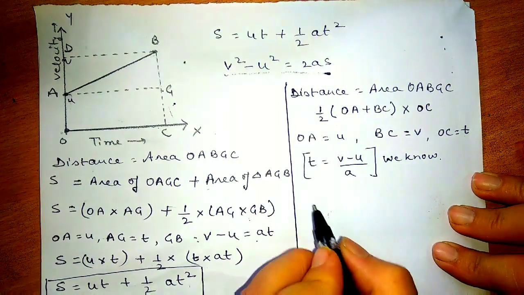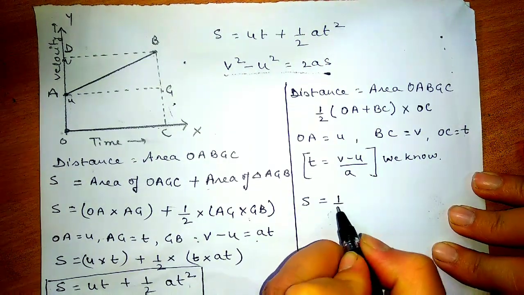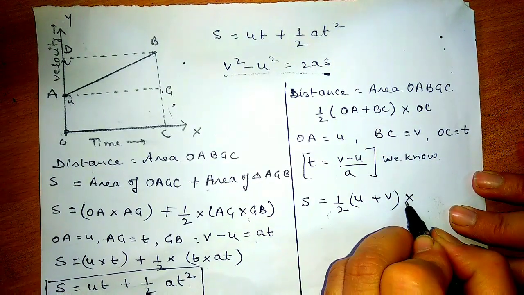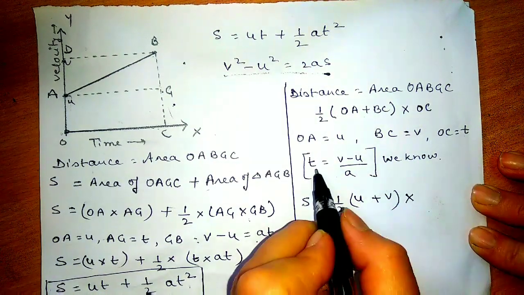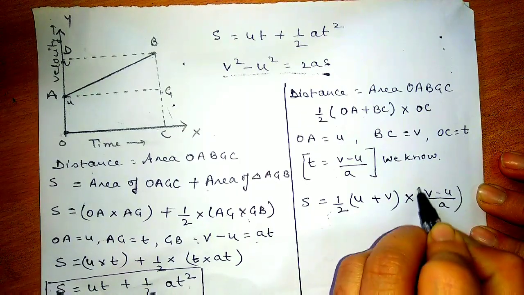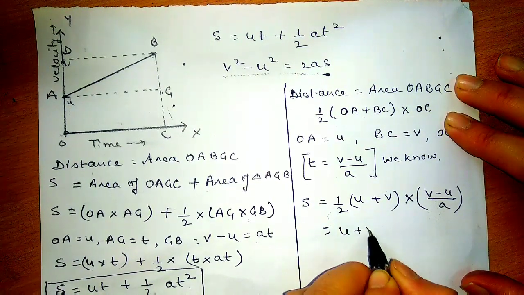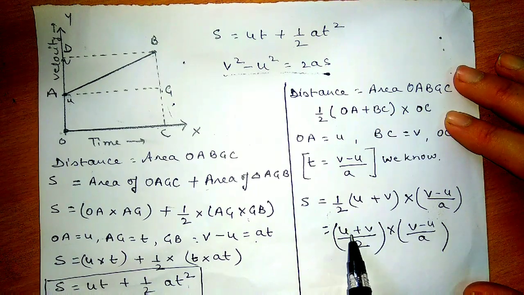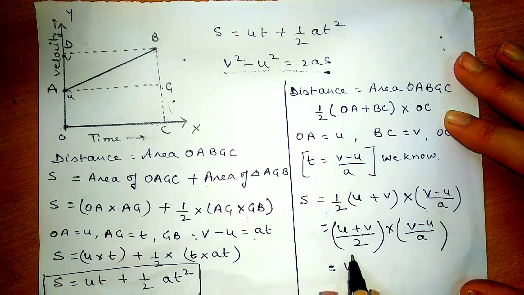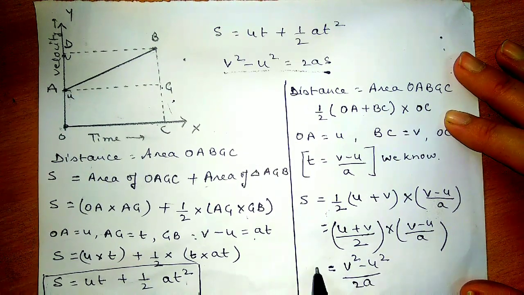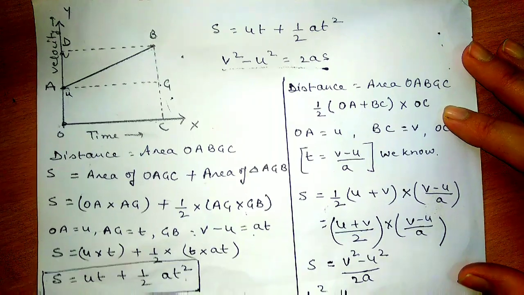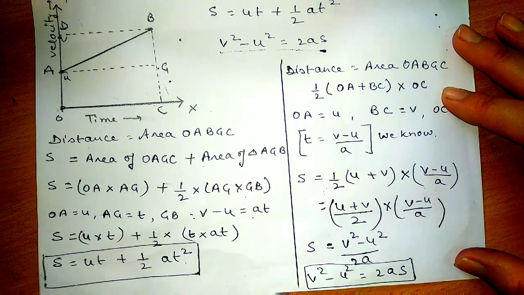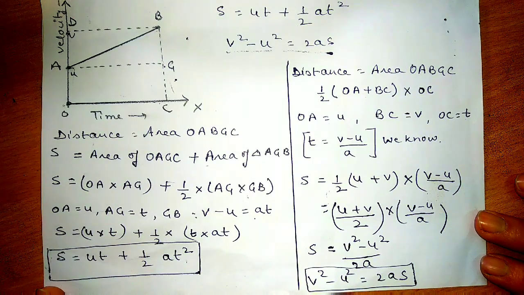So now we talk about this distance, that is S is equal to half of OA, which is U, plus BC, which is V, multiplied by OC, that is T, and T I can write as V minus U divided by A. So I get this as U plus V by 2 into V minus U by A. So V plus U and V minus U comes out to be V square minus U square divided by 2A is equal to S, and that gives us V square minus U square is equal to 2AS, and this is our third equation of motion that we have derived using this graphical method.